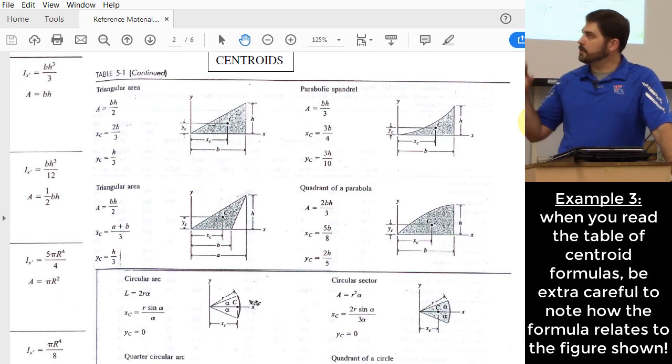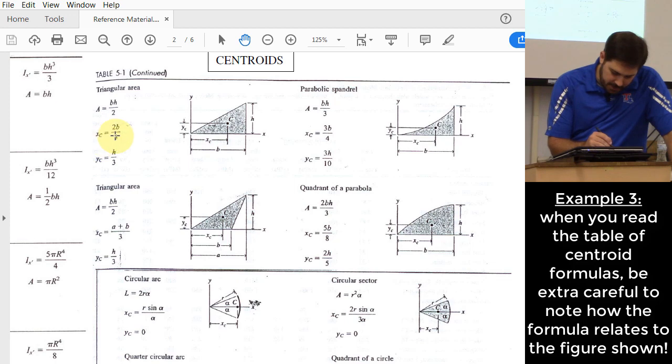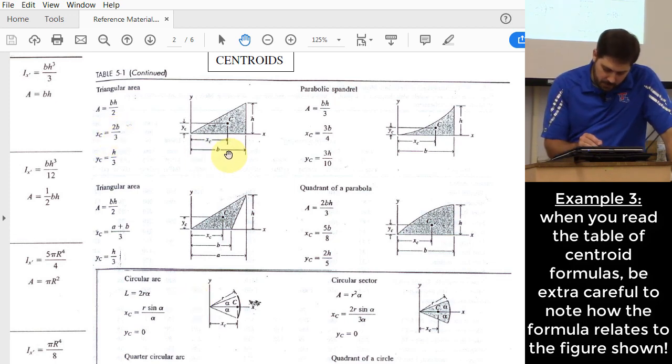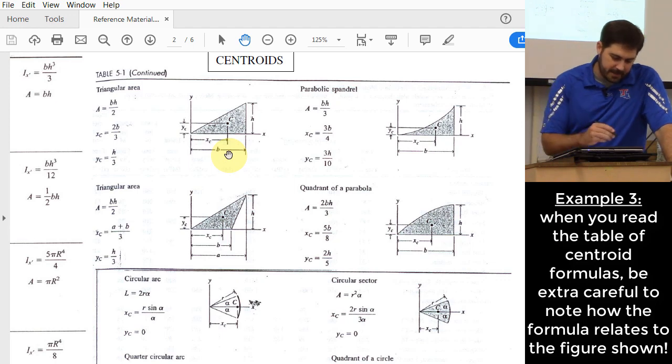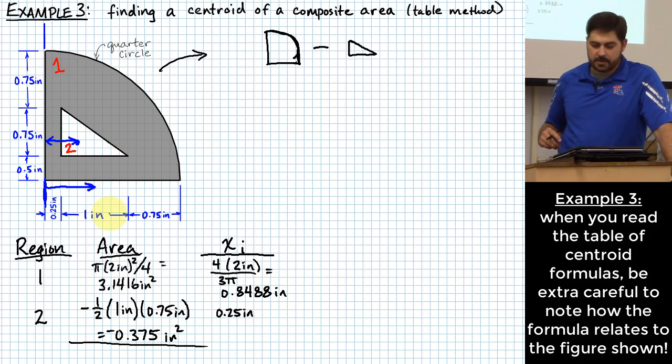Whenever you're trying to find the centroid of a triangle, a lot of times people will blindly just look at the equations here and they say, okay, so the x direction, all I need is just 2 times b over 3, right? And they see the b is the width, and so for the problem we're solving here, if it's 1 inch wide for that little triangle right there, that's easy enough. It'll just go 2/3 of the way across that, so it'll be 2.25 inches plus 2/3 of 1 inch.